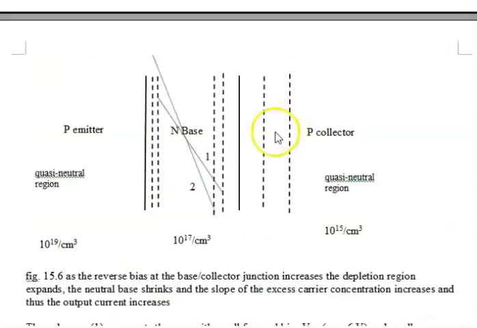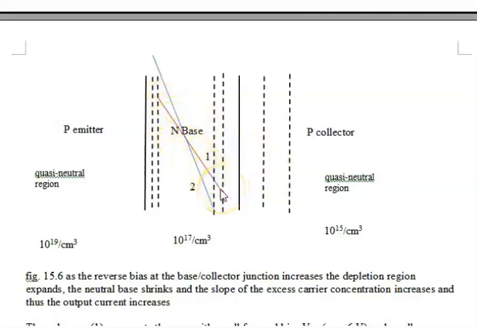Go back, and we have 2 curves here. Curve 1, which is in red, shows a relatively weak forward bias at the emitter base junction, and a relatively weak reverse bias at the base collector junction. Almost in equilibrium. This is the red curve right here.